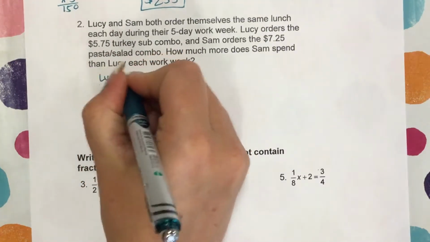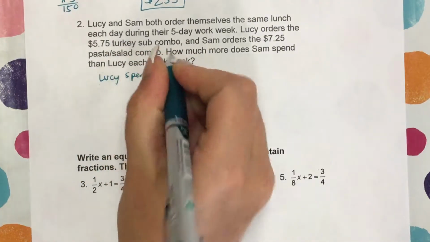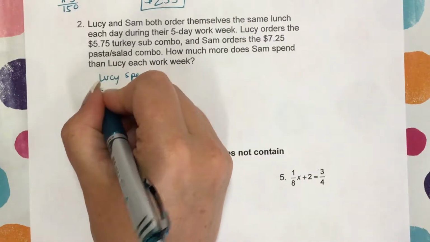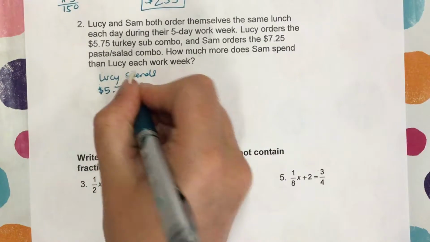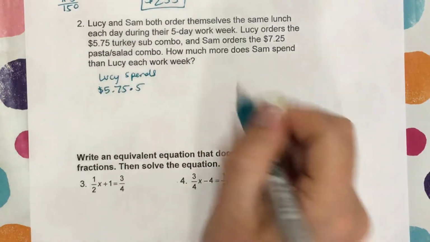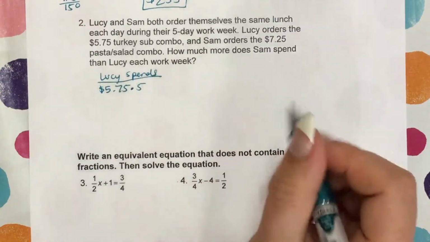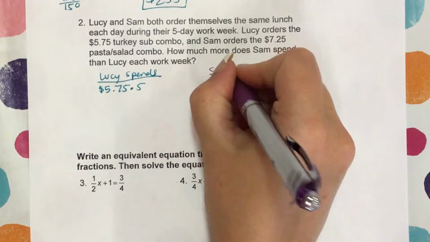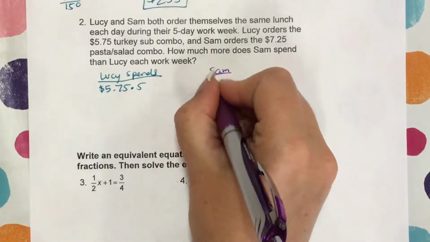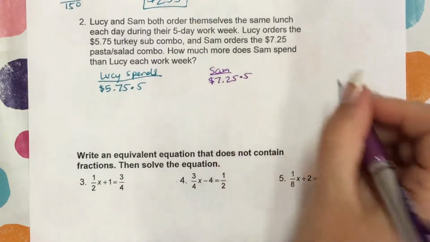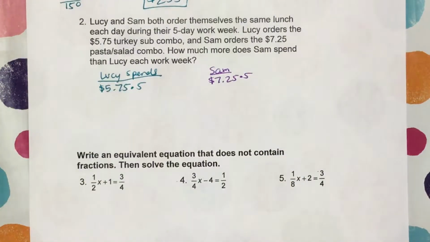Lucy spends $5.75 each day for 5 days. Whereas Sam spends $7.25 for 5 days, so we multiply that by 5. So we just need to figure out these values.